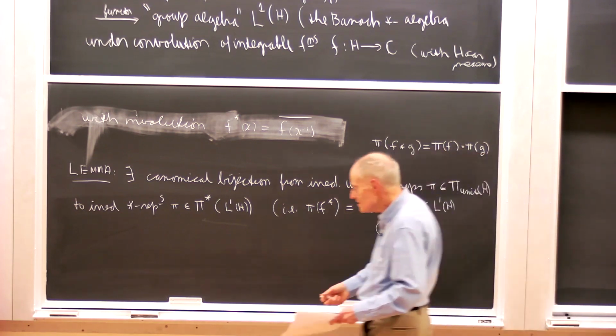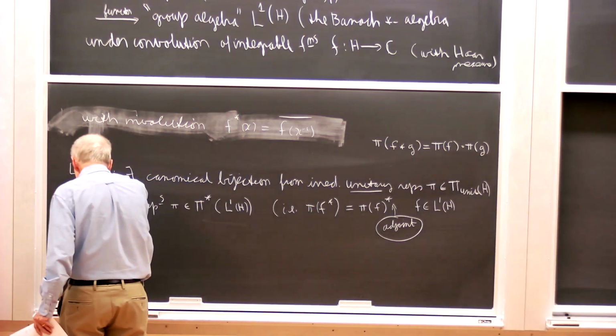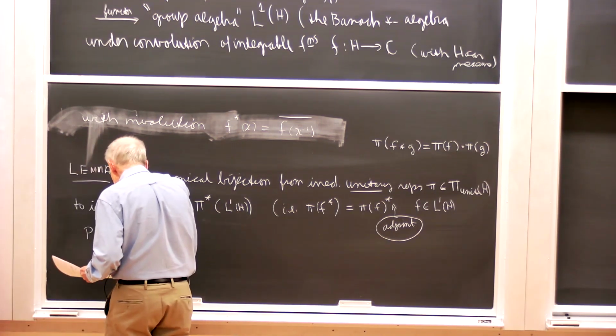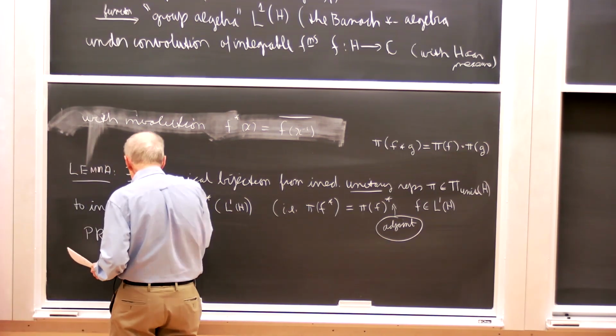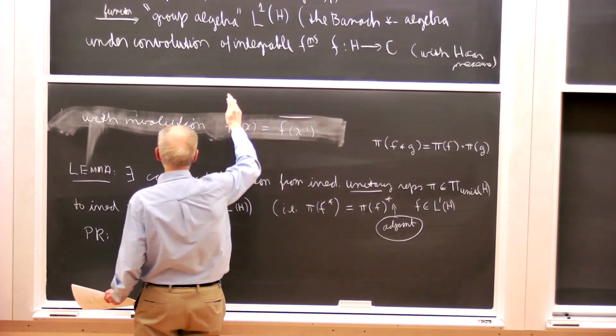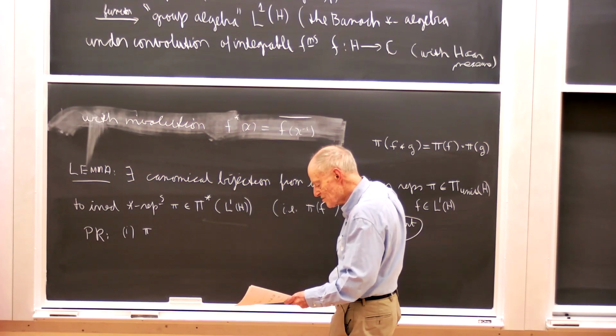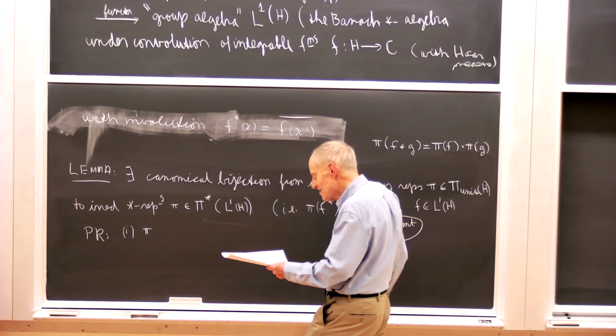So let's say the proof. I didn't try to see that it was bijective, but I think it must be elementary. It's certainly elementary in the case of finite groups.